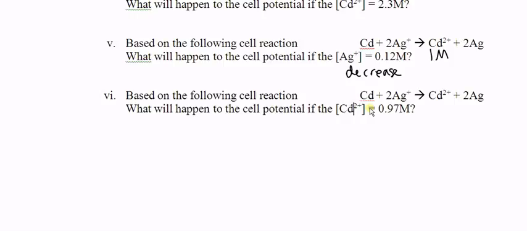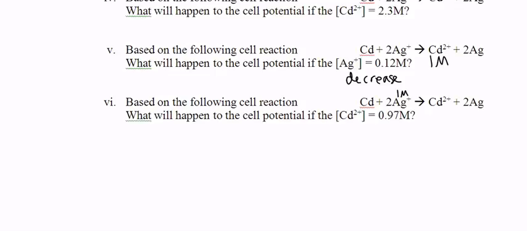So the last example problem is same balanced equation, and once again we're looking at our silver ion concentration as being 1 molar because there's no mention otherwise. But in this case we have a cadmium ion concentration of 0.97.